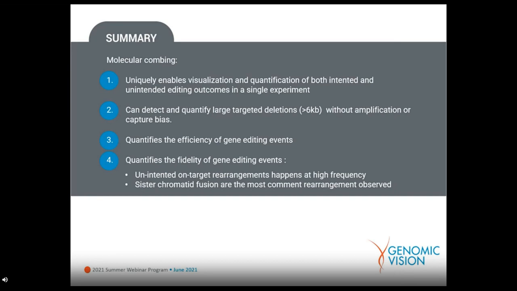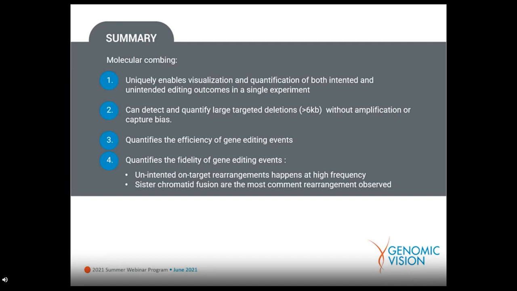As a summary, molecular combing is unique in the sense that it enables both visualization and quantification of intended and unintended editing outcomes in a single experiment. It can detect and quantify large targeted deletions without amplification or capture bias. It quantifies the efficiency and the fidelity of gene editing events.